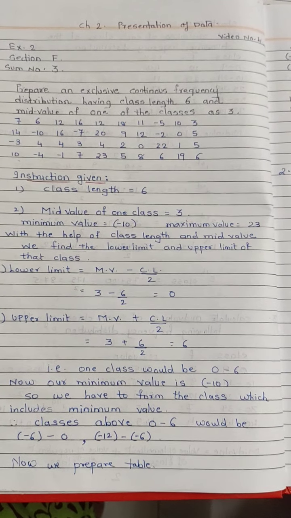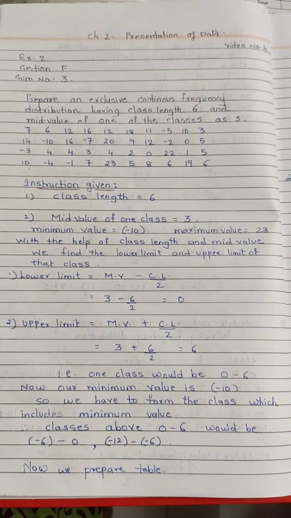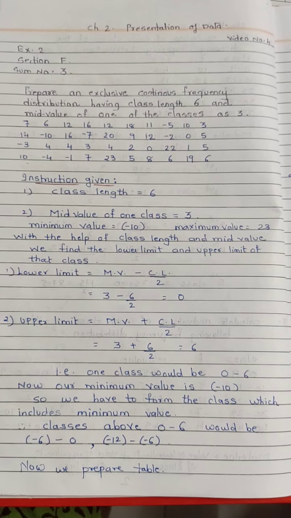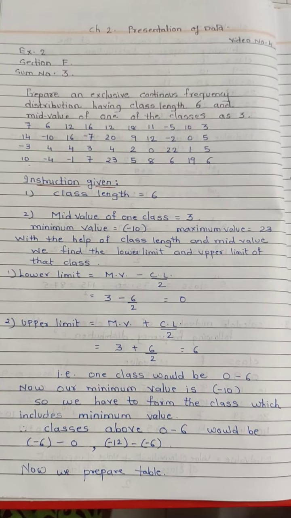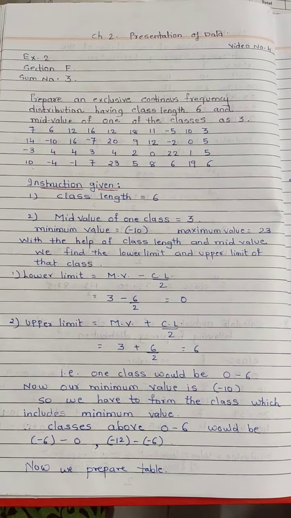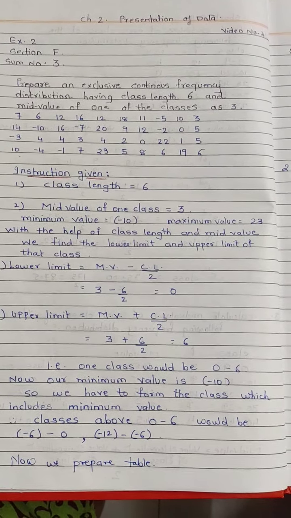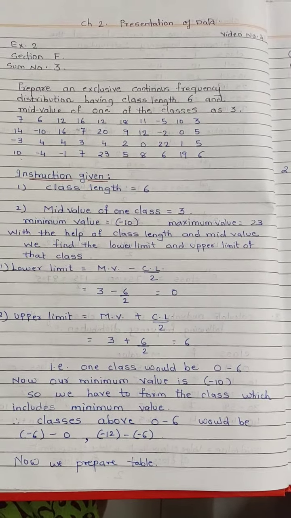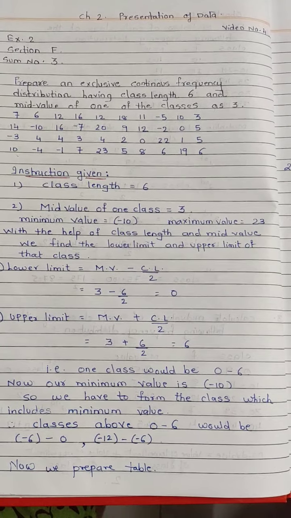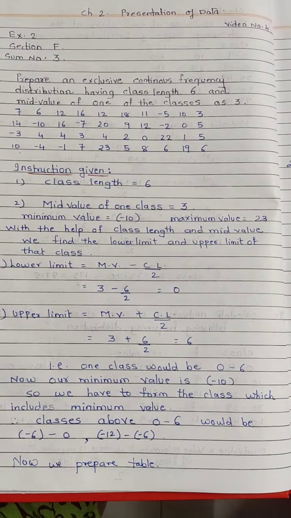The very first step, as we know, we have to find out the minimum value and the maximum value. From the given data, the minimum value is -10 and the maximum value is 23. And we all know our first class should include the minimum value and the last class should include the highest value, that is the maximum value.